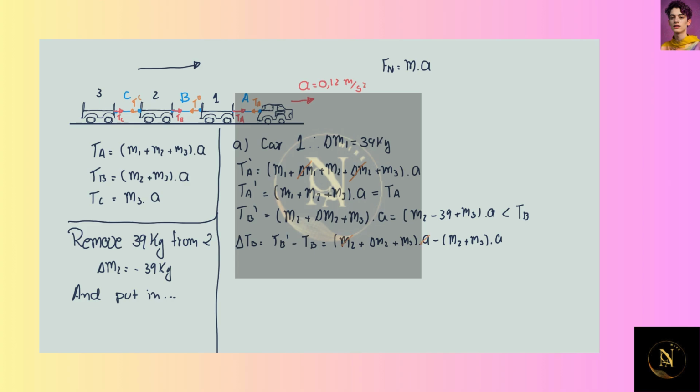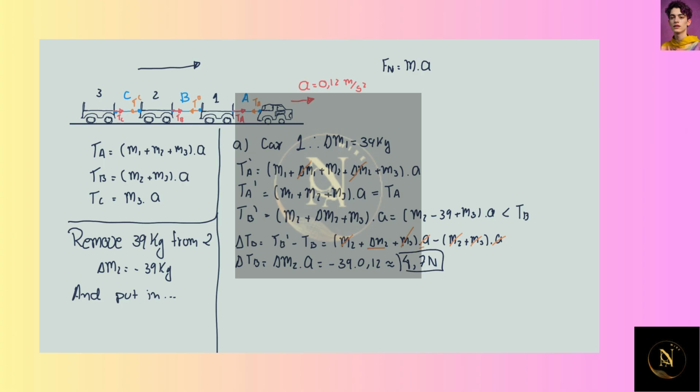So M2 times A will cancel and M3 times A will also cancel. So we are left with delta M times A. So the change in tension B is given by delta M2 times A. And this is minus 39 times 0.12, which is approximately 4.7 newtons.